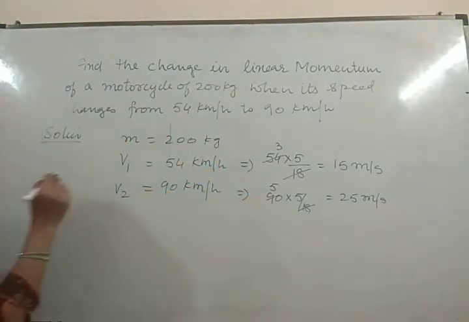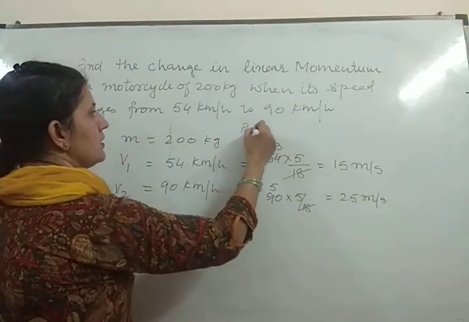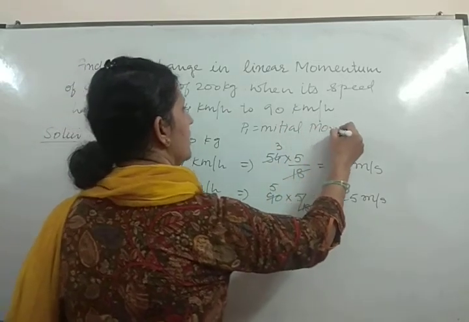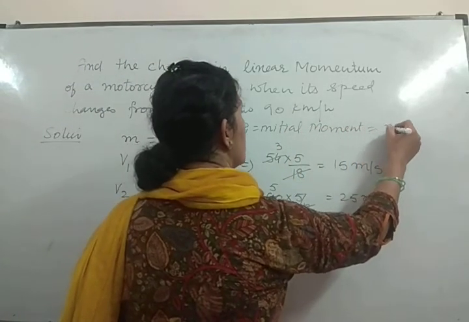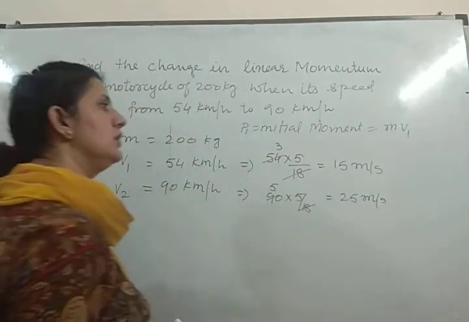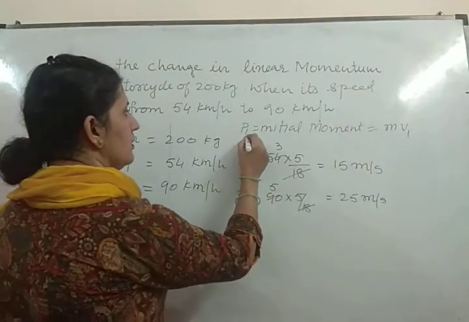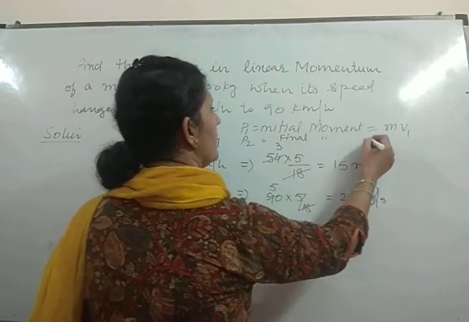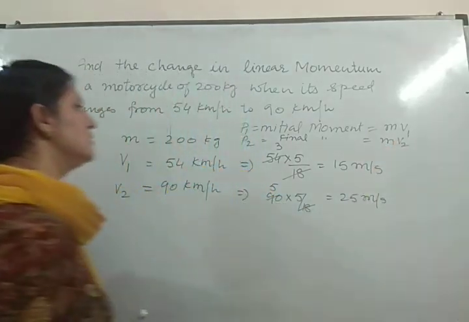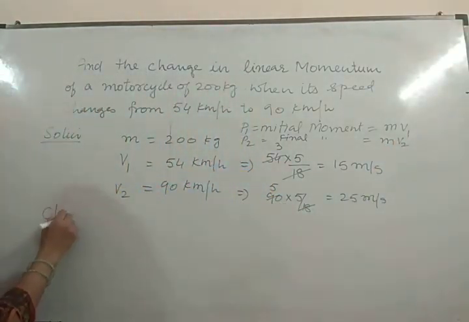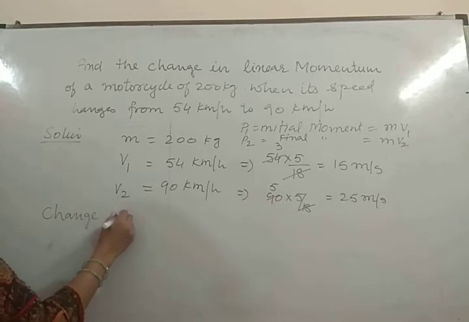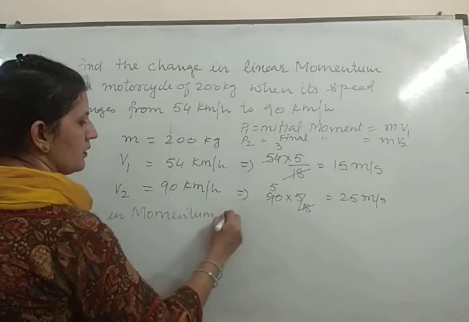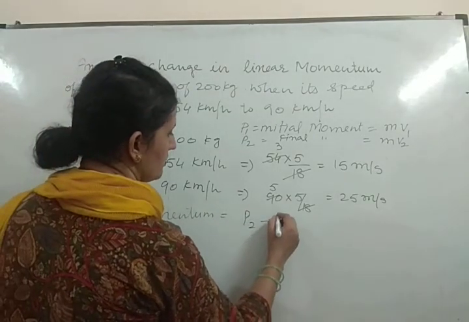So what is the change in momentum? Let us assume that P1 is the initial momentum, and the formula will be mass into initial velocity, and P2 is the final momentum, mass into final velocity. So the change in momentum is P2 minus P1.